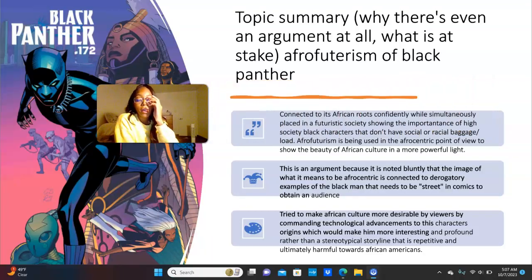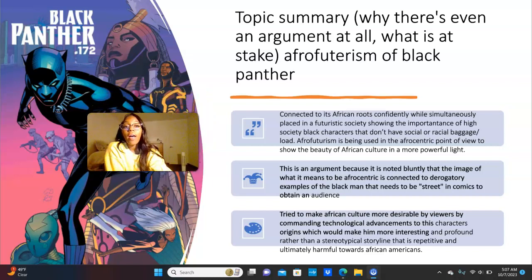Afrofuturism of Black Panther focused on the connection to its African roots being confidently shown while simultaneously placed in a futuristic society, showing the importance of high society Black characters that don't have social or racial baggage loads.